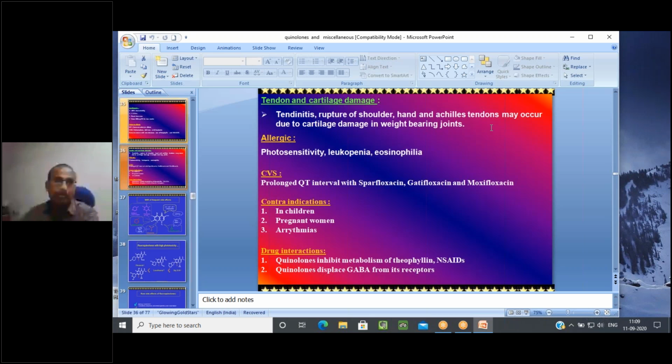Achilles tendon weakness, and rupture of the tendon may also happen, so cartilage damage.